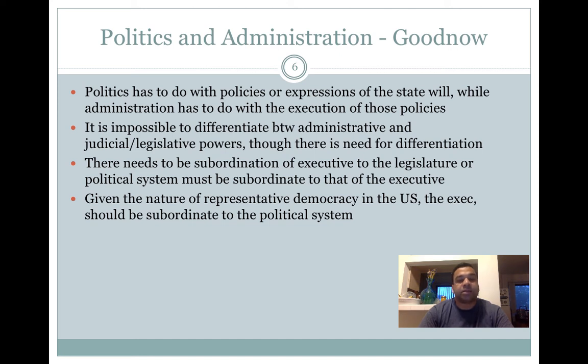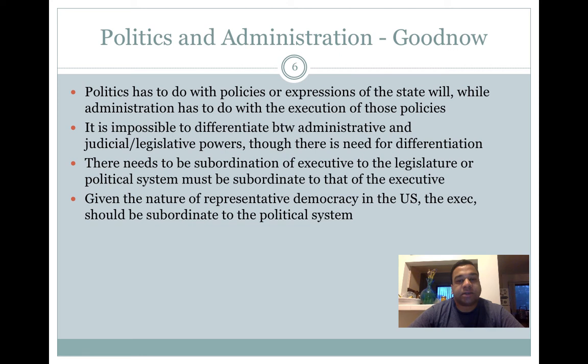And his argument is also that sometimes the executive has to be subordinate to the legislature or political system for it to function smoothly. So in that respect, I think he's in a small way harking back to Confucius and the more traditional or conservative way of thinking about the administrative apparatus and what the political system does.